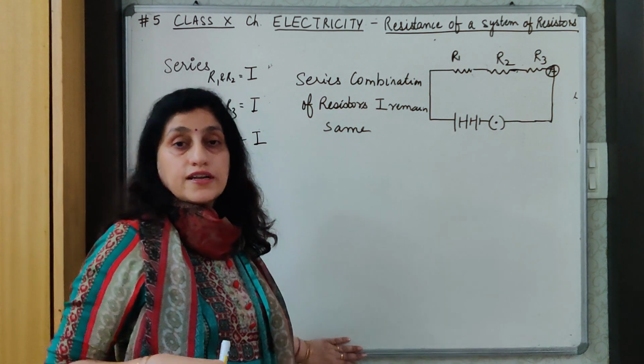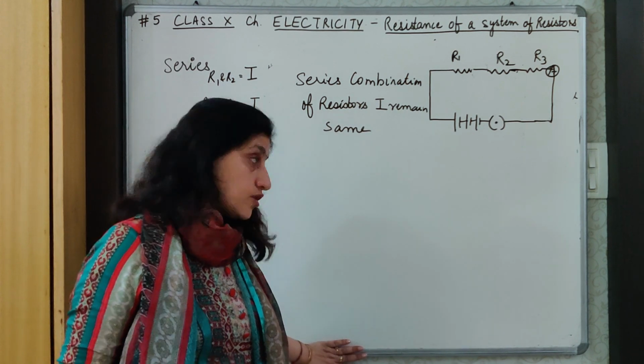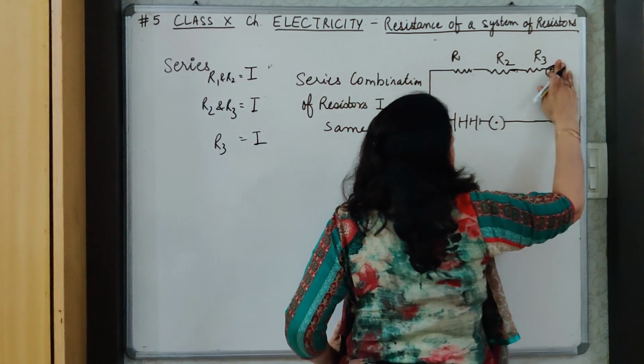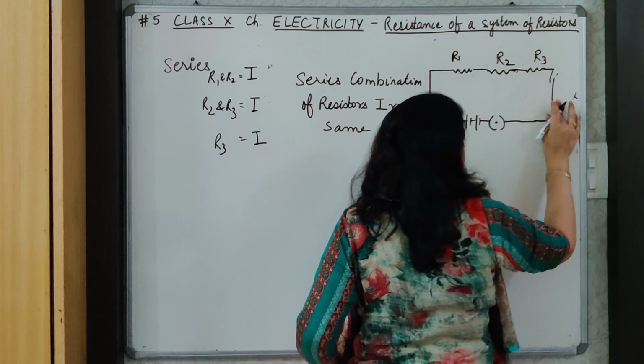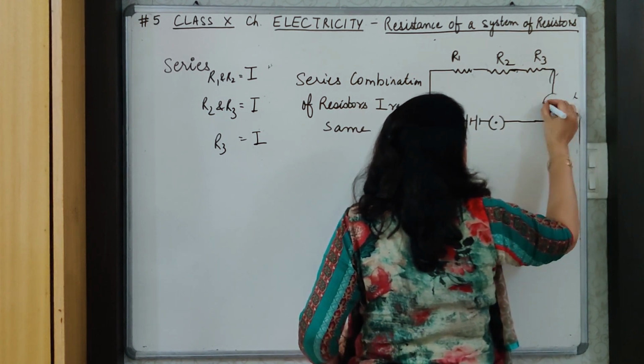Now we also have to find the value of potential difference across the circuit. So we leave our ammeter here and then we take one voltmeter.